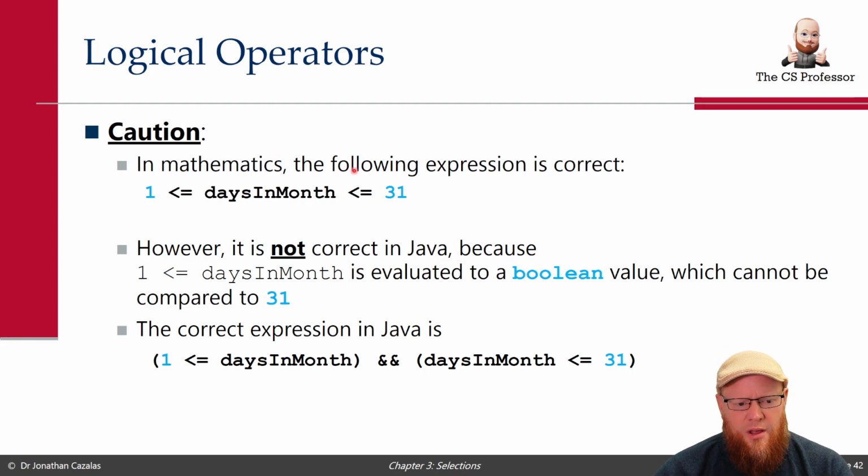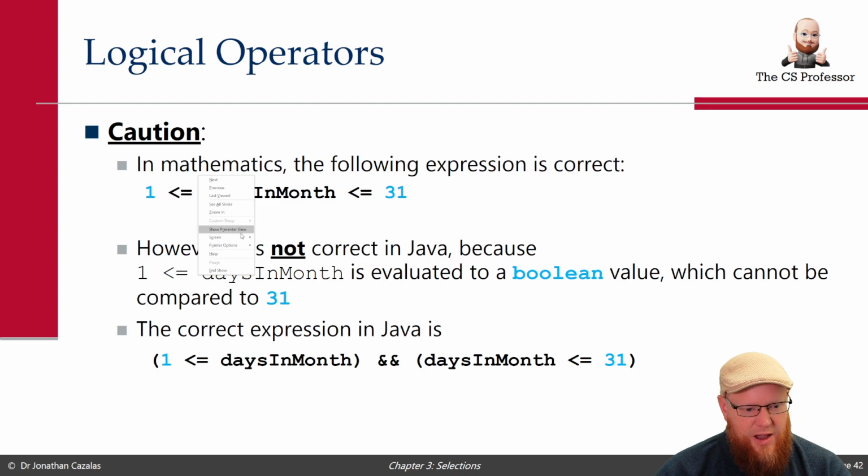This is just a caution that the following would not be correct, not in Java, not in Python. If you want to confirm, ask the user to enter the number of days in the month, and you want to make sure they entered a number between 1 and 31, you cannot write syntax like this, because this less than or equal, it's part of a Boolean expression.